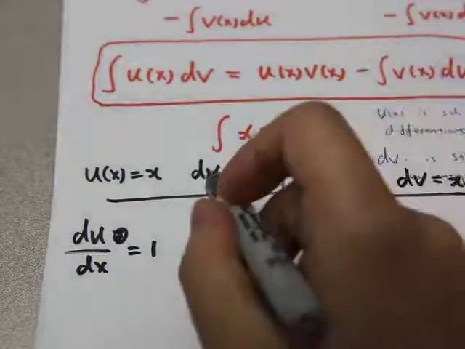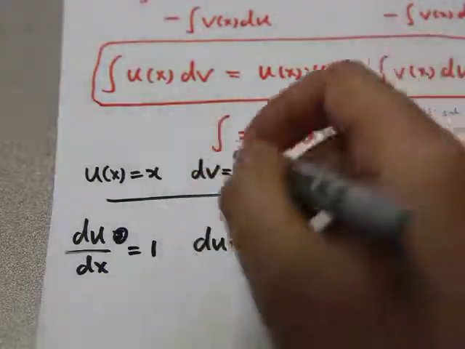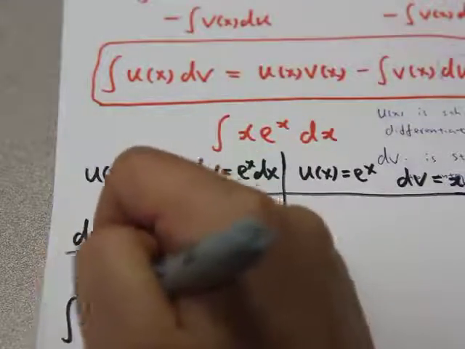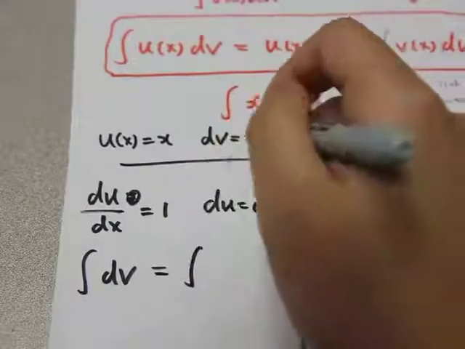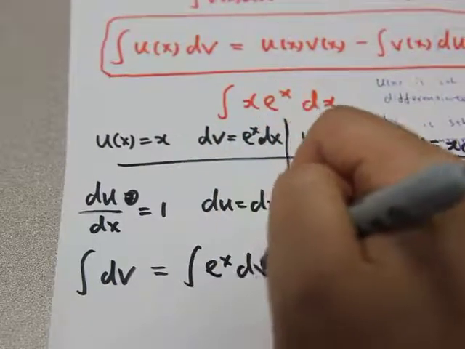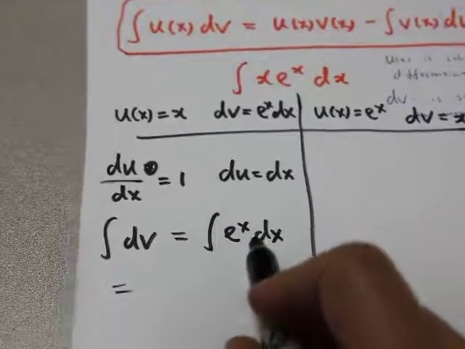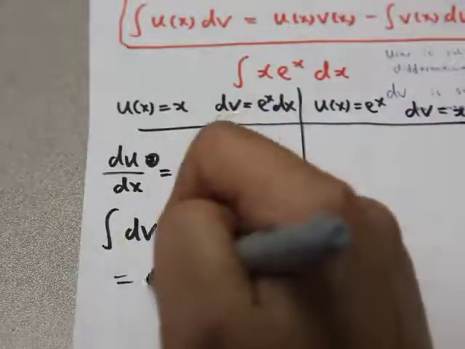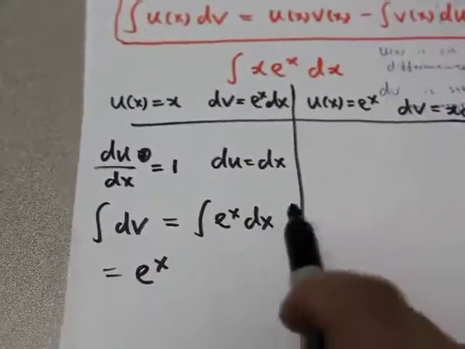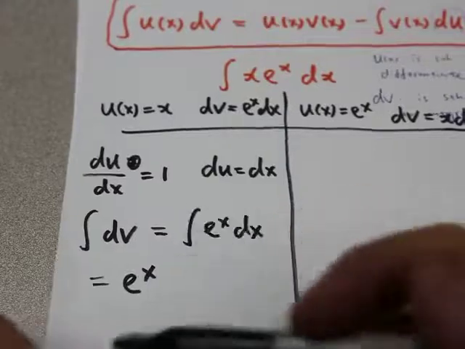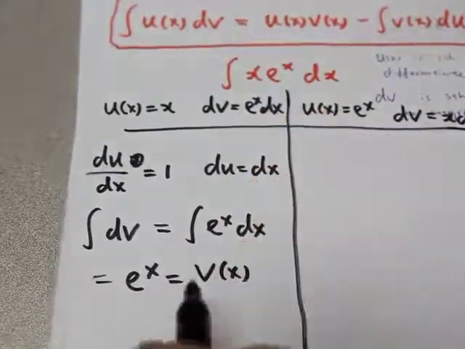And let me see what v is. To find v, I need to integrate the e^x dx, so I can find v. Well, this integral is easy to solve, right? Which is e^x. So v(x) equals e^x.